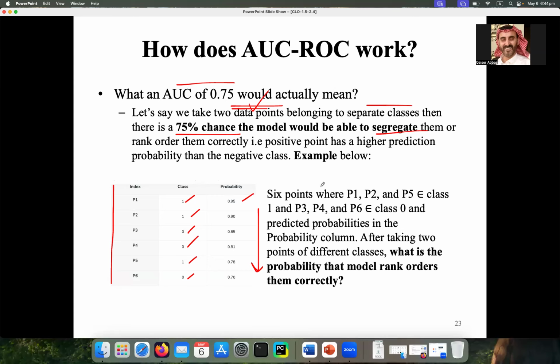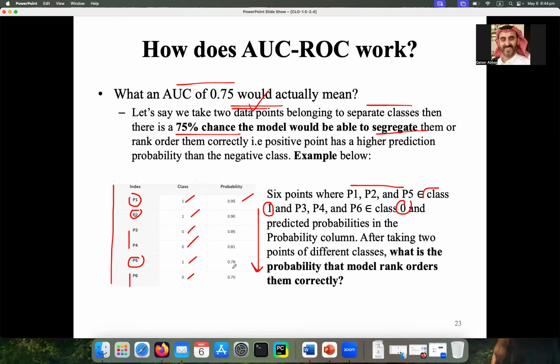Now we have 3 points, P1, P2 and P5. These are 3 points which are related to class 1. And then we have the other 3 points which are related to class 0. Probabilities are also given.